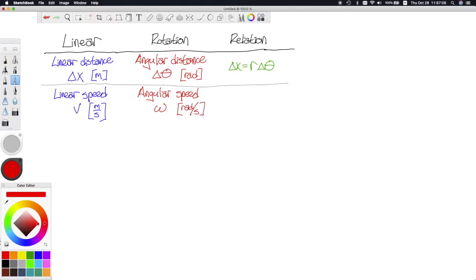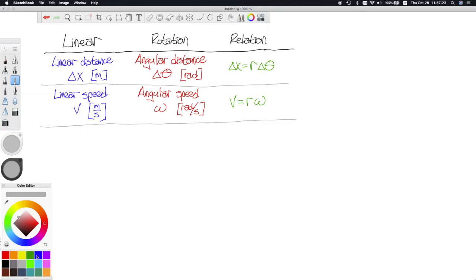But as with the angular and linear distance, the angular and linear speed had a relationship. V equals r omega.